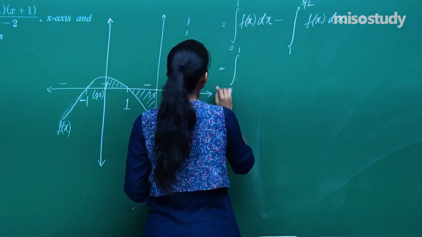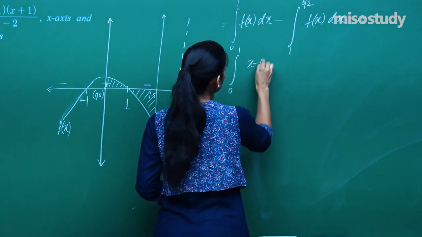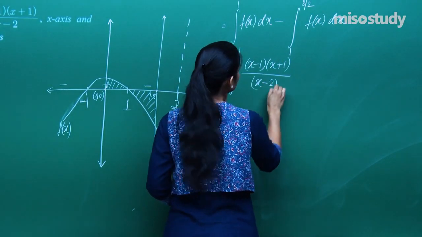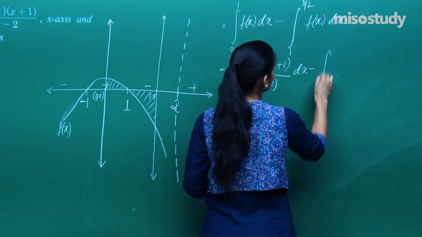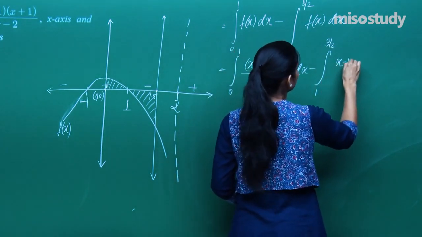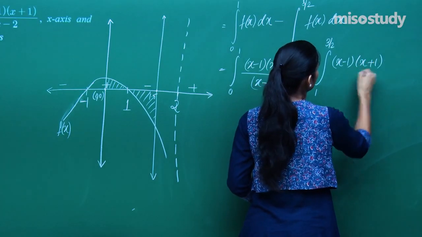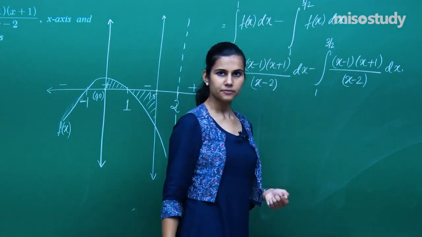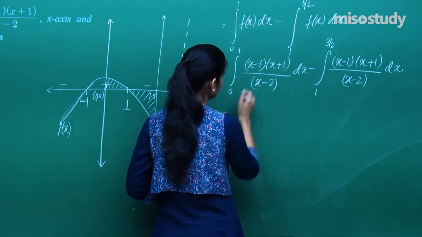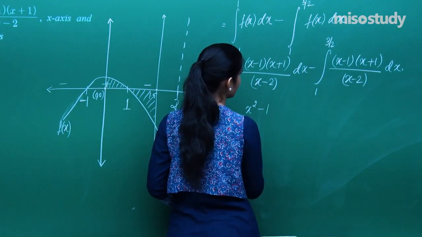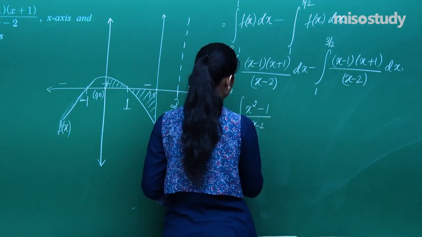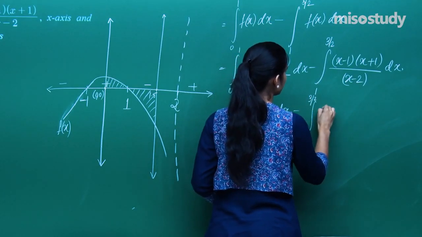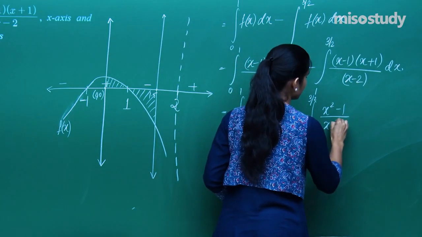Now how do you decode this? See, this is 0 to 1, f(x) is (x minus 1)(x plus 1) upon (x minus 2) dx, minus 1 to 3 by 2, again (x minus 1)(x plus 1) upon (x minus 2) dx. Here if you see, this is x square minus 1 upon x minus 2 from 0 to 1 dx, minus again the same thing, x square minus 1 upon x minus 2.